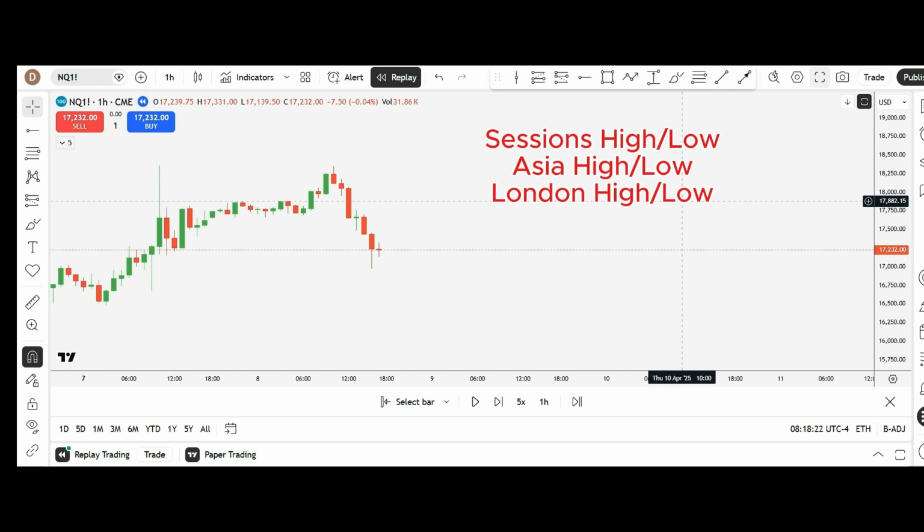I'm talking about Asia high low, London high low, and obviously AM session high low, and so on and so on. All these levels are important levels, and it's important when you prepare for trading to have these levels on your chart in order to observe the reaction of the price when it goes through them.